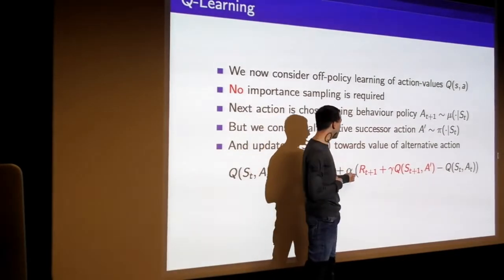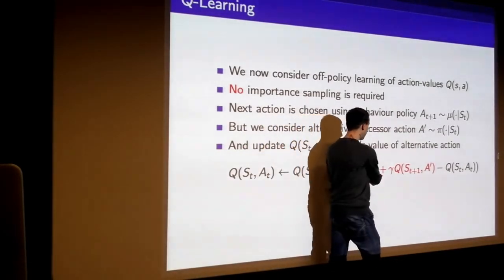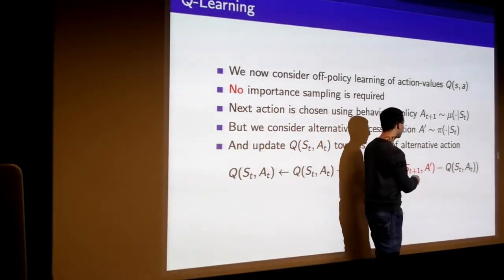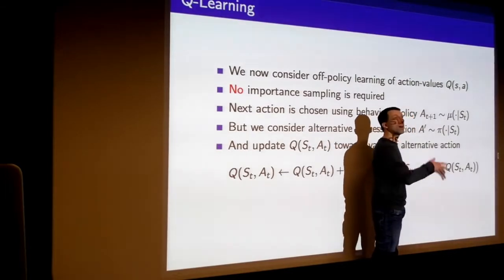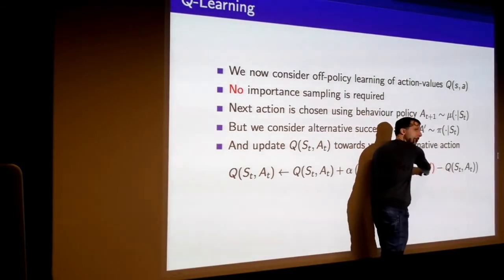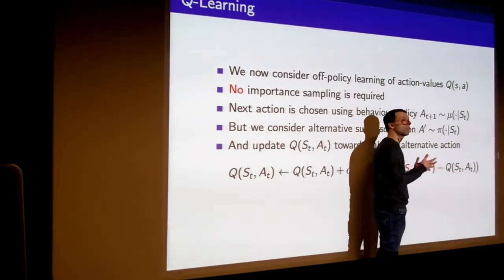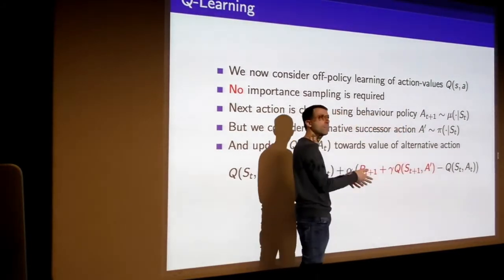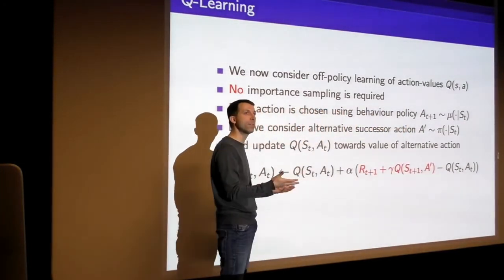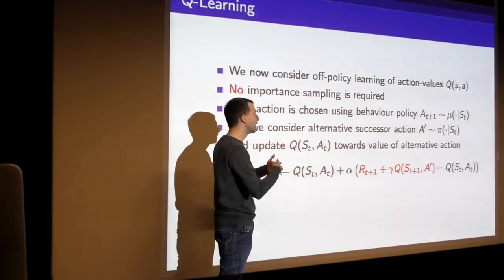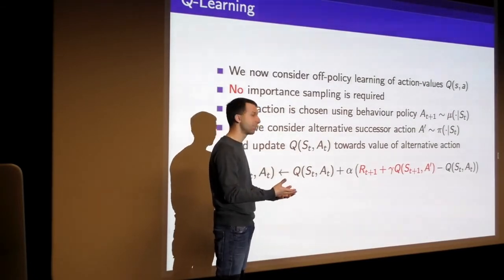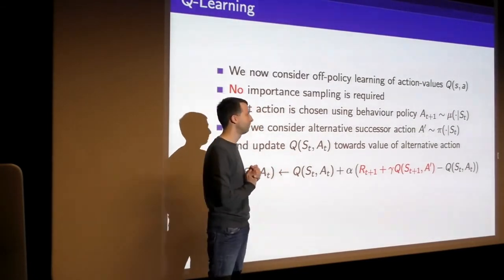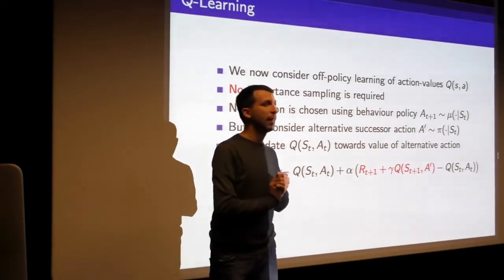I'm going to update it a little bit in the direction of the reward plus the discounted value of the next state of my alternate action under my target policy. This is what would have happened if I was really following the policy I care about. So this is a valid update. This is the Bellman equation again. It's completely valid. The Bellman equation for Q doesn't require us to importance sample. We're sampling that kind of Bellman equation. That's the idea of Q-learning.